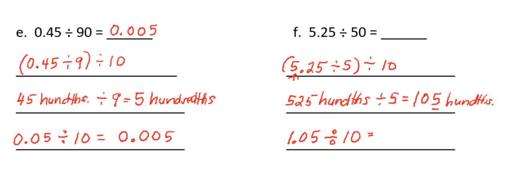Everything gets 10 times as small, so I'm going to move everything over 1 place value to the right. And that tells me that 5 25/100ths divided by 50 gives me 105/1000ths. So there's using place value understanding and that pattern of the digits becoming 10 times smaller, so the digits moving over to the right each time to help us solve these division problems.